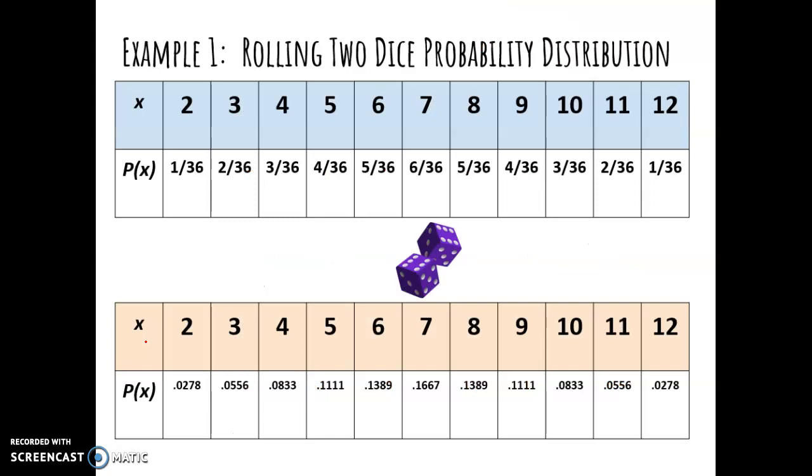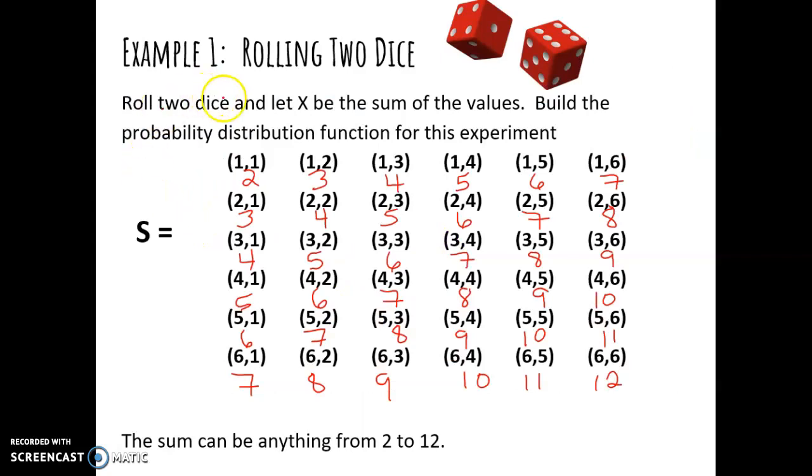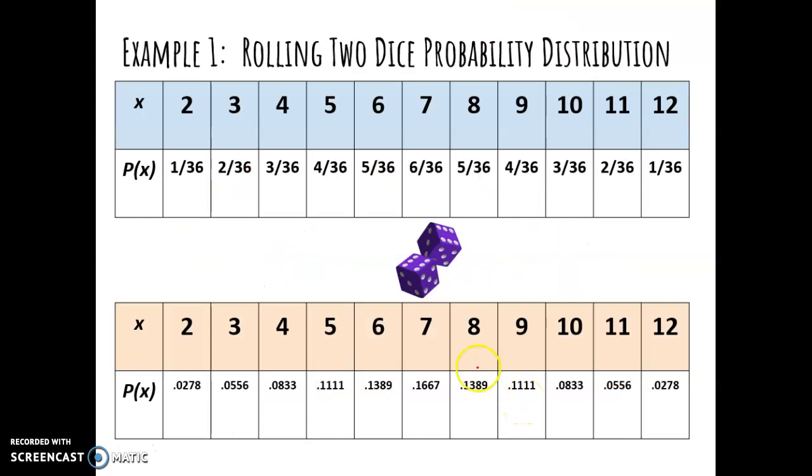So, to make a probability distribution, the possibilities for the sums were 2, 3, 4, 5, 6, 7, 8, 9, 10, 11, 12. So the probability of the sum of 2, let's go back here, there's 1 out of a total of 36 sums. If you count up, that'd be 36. So 1 out of 36.